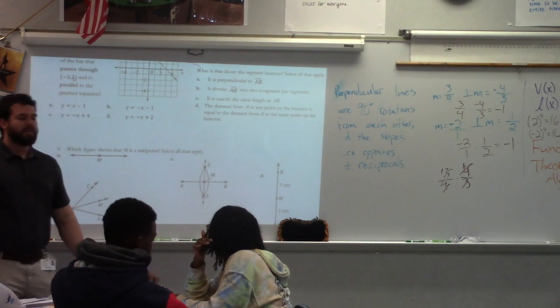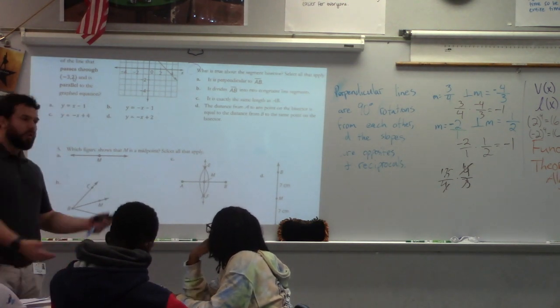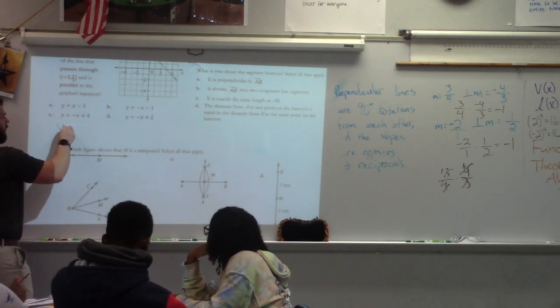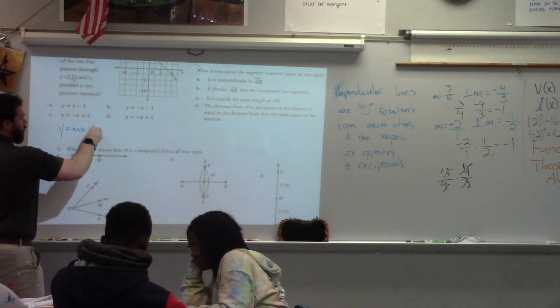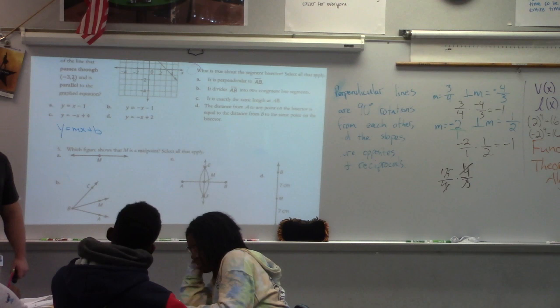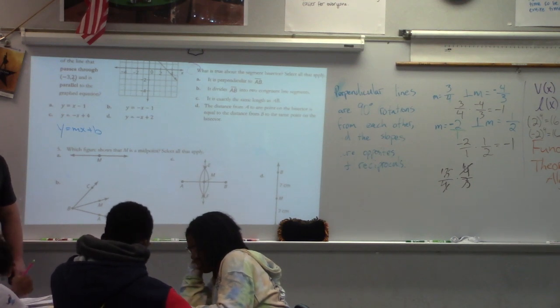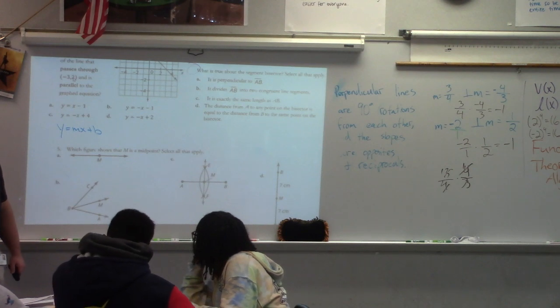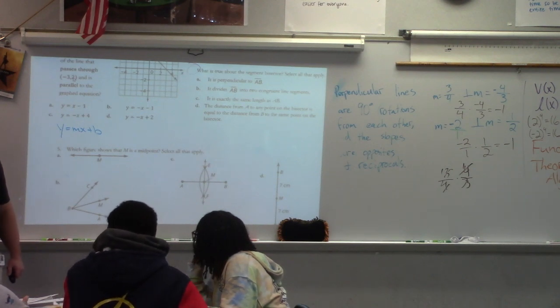What is evidence that you could show me of your understanding of what's happening here? Okay, so each of these equations are y equals mx plus b, slope-intercept form, right? So what else do we need? We need to find the y-intercept, and what else? And the slope, right? What do we know about the slope?